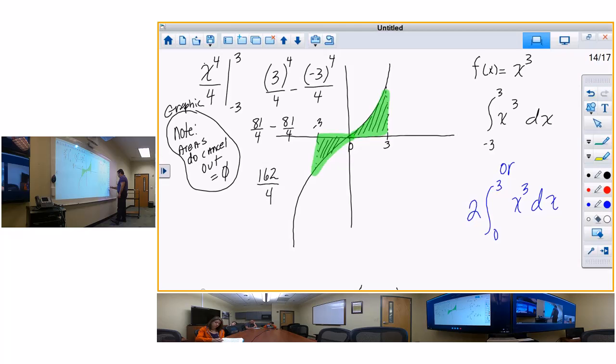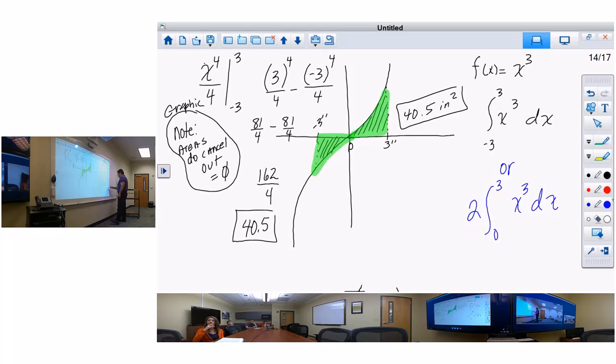40.5. Huh? 40.5. So the green area here is 40, let's say this is inches. Okay? Then 40.5, this area right here is 40.5 square inches. Okay? Now you got to realize these two things.